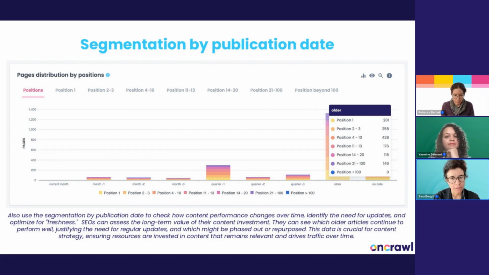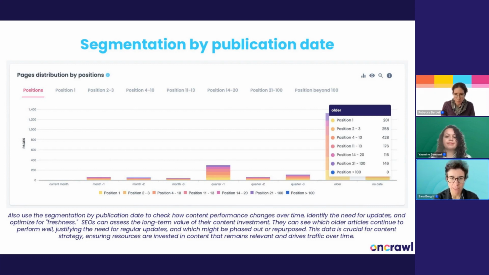Another example, which is really connected to the previous one. So you might obviously see that there's some visibility decay after some time that the articles are published. And as we can see from this graph, for instance, we have a lot of pages that are more than 1 year old, that are ranking, let's say, in position 4 to 20, and it's the majority of the pages in this specific group.